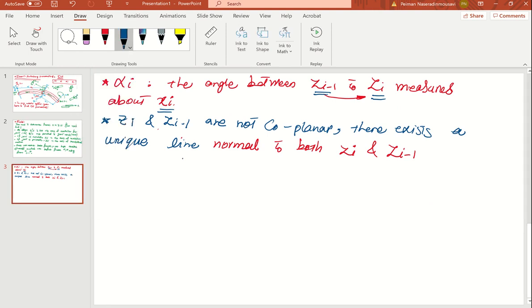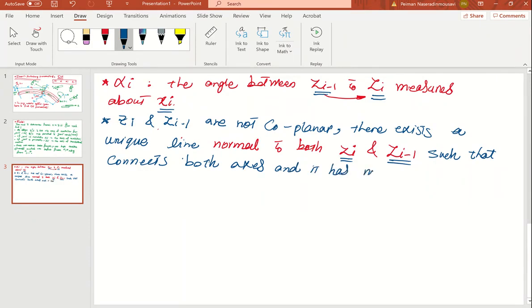Now, this line connects both axes, zi and z i minus 1, as you can see in the figure, and it has minimum length.